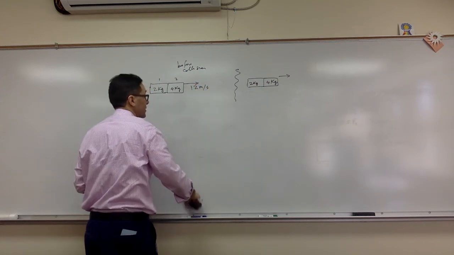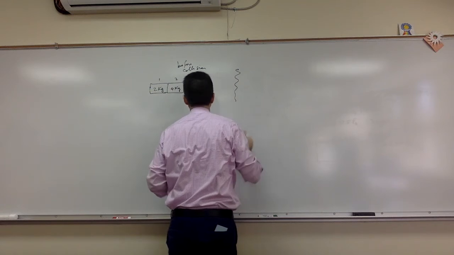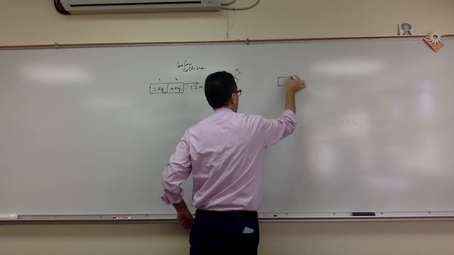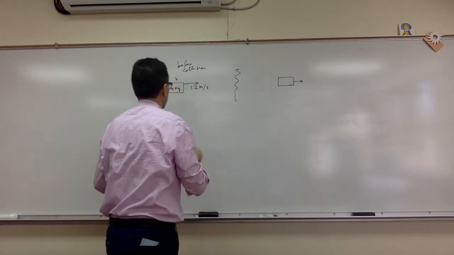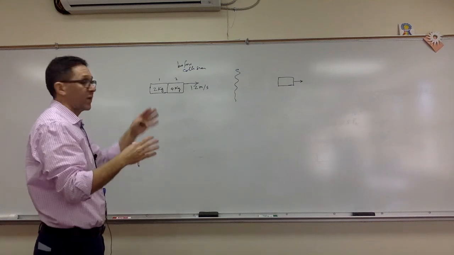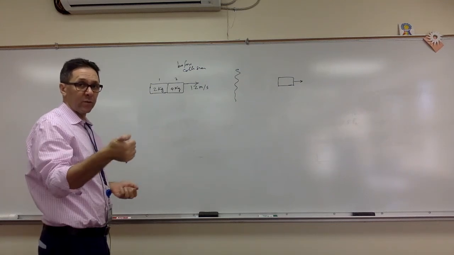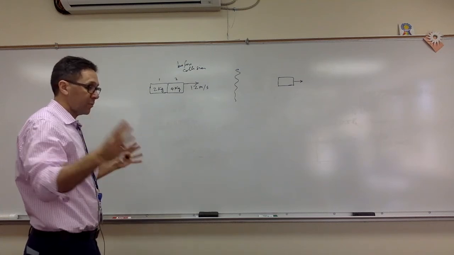I'm just making up these numbers. Okay, and let's say there is an internal explosion. In other words, they're going to separate. There is like a spring between them or something that I can remotely activate. And as they move, they're going to separate.